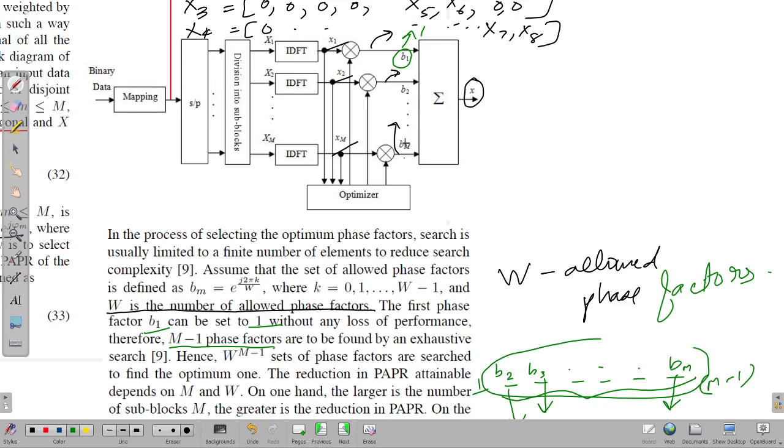Each of these phase factors could be any of the w allowed phase factors, and so you have m minus 1 places here, m minus 1 phase factors. Each of the phase factors could be any of the w allowed phase factors. So you have w^(m-1) different combinations of phase factors.